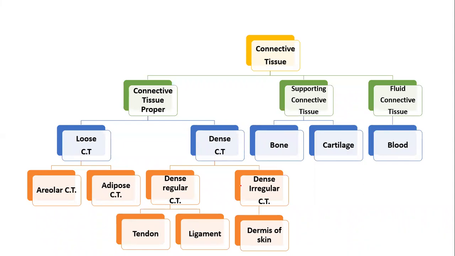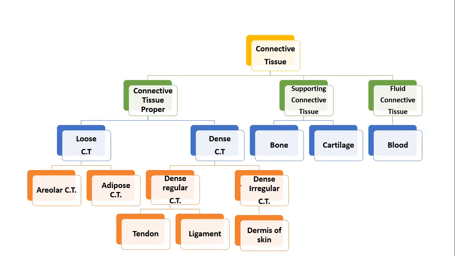Loose connective tissue is further classified into two categories: areolar connective tissue and adipose connective tissue. Dense connective tissue is further classified into dense regular and dense irregular tissue. Dense regular connective tissue has two subtypes, tendon and ligament. Dense irregular connective tissue, for example, is the dermis of the skin.